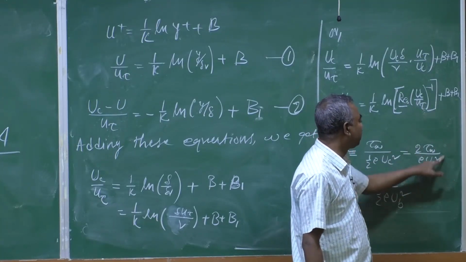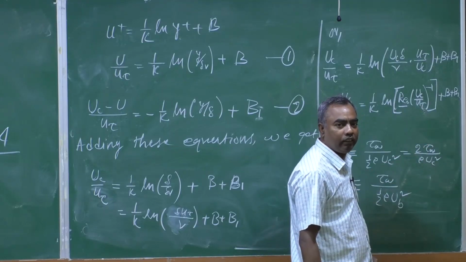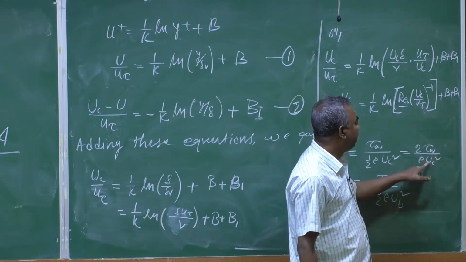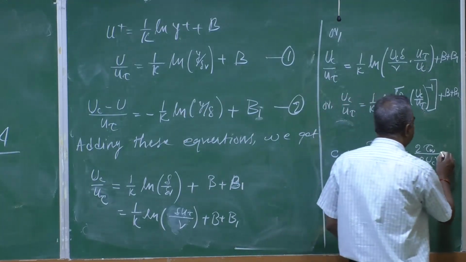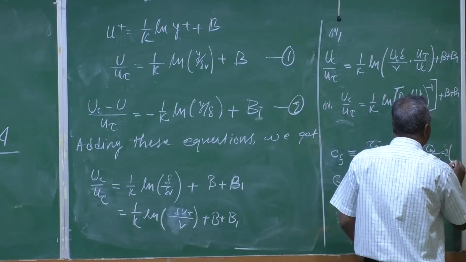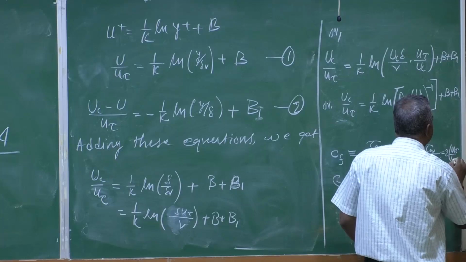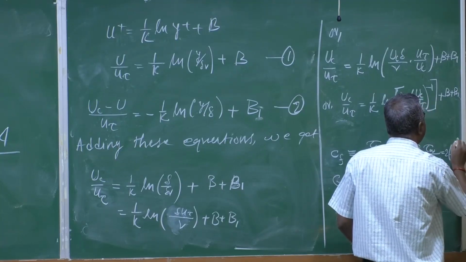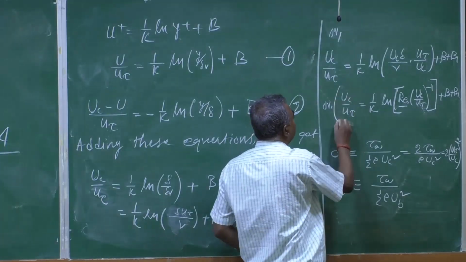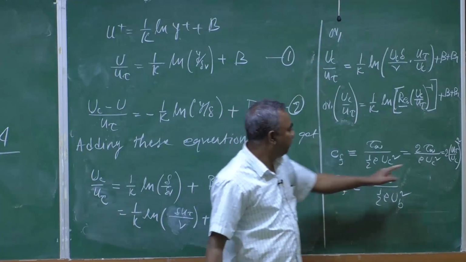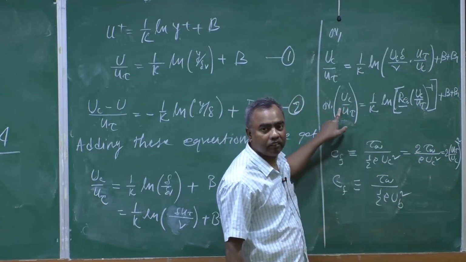That means this expression is nothing but twice u_tau by u_c whole square, and the reciprocal of this is sitting here.